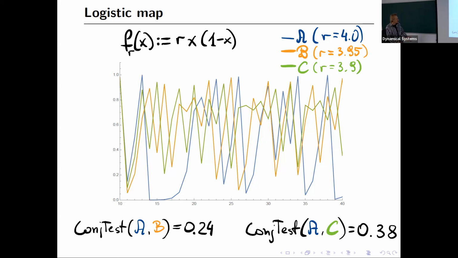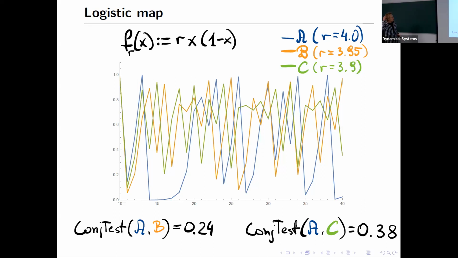You may say that this is not an actual conjugacy test then, because conjugacy was the inspiration for this statistic, but we don't claim that this will exactly tell you conjugacy between the systems, because we don't know them.